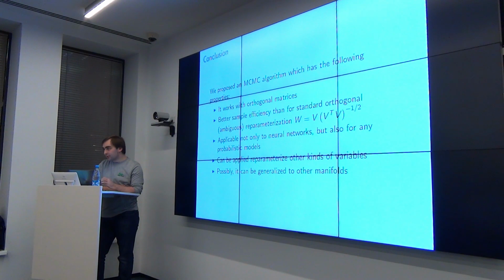It has better sample efficiency than this ambiguous parameterization. I like that this method is applicable not only to neural networks and deep learning, but to any probabilistic models with orthogonal matrices. And finally, we hope that this method can be generalized to other manifolds, and this is our future goal.